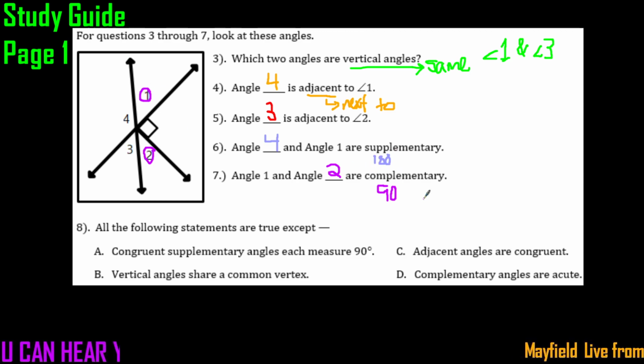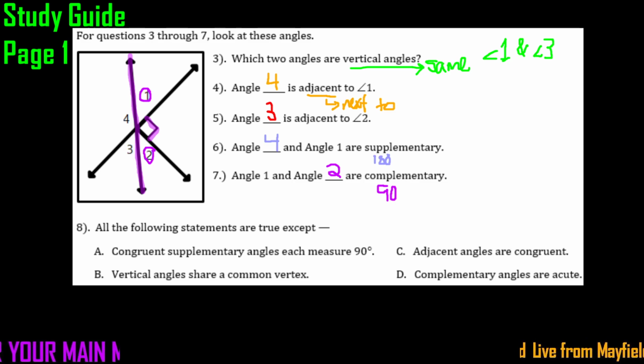Angle 1 and angle 2 are complementary because of this. If I draw a straight line going down like this, that means that these three angles added together is 180. If these three angles added together is 180, and one of them already is 90, that means the other two would add up to be 90 degrees.